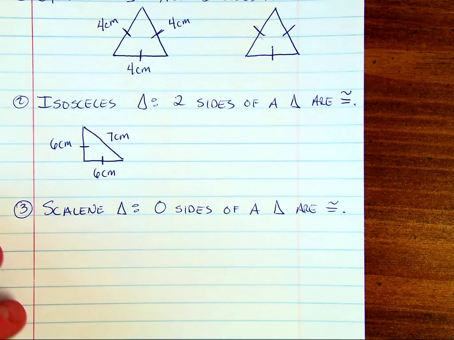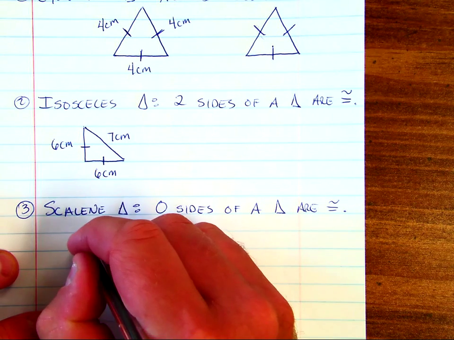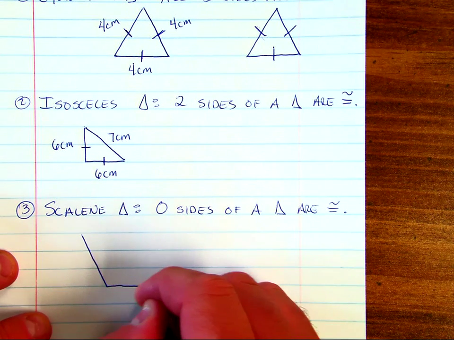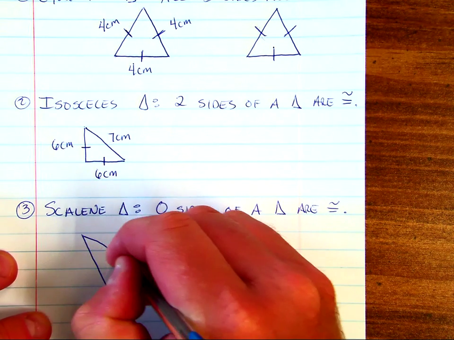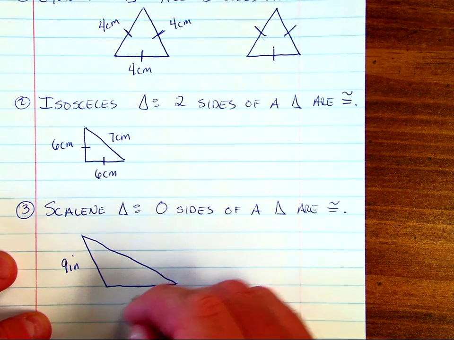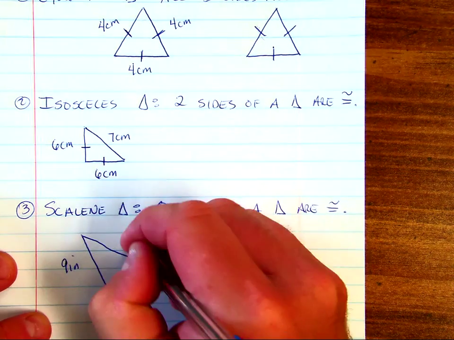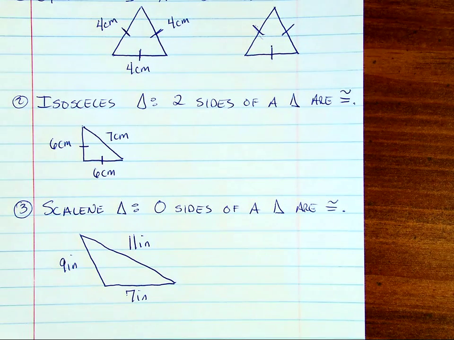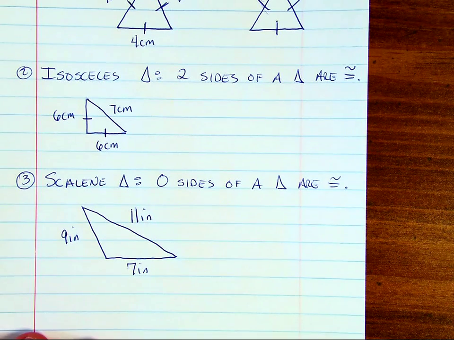Zero sides, which means there will be no little slash marks. And if you can see, all 3 sides are different.